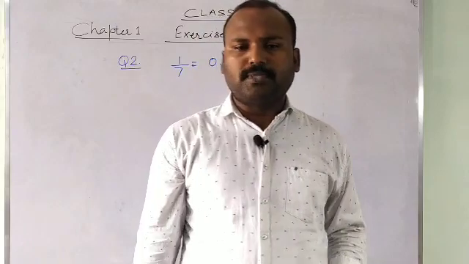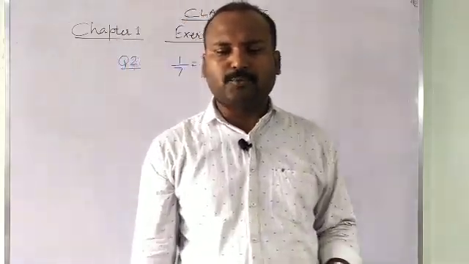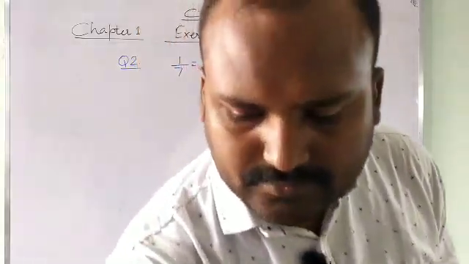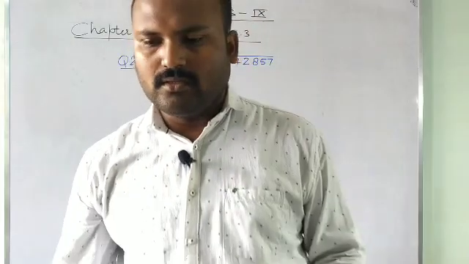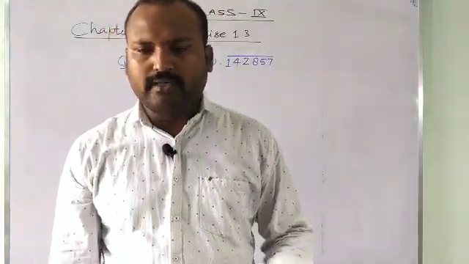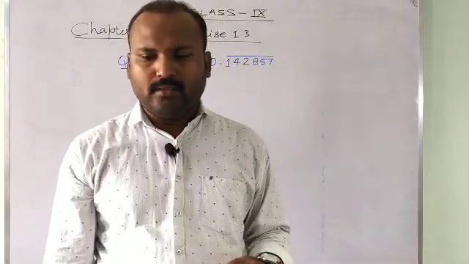The next statement of this question is: can you predict what the decimal expansions of 2 by 7, 3 by 7, 4 by 7, 5 by 7 and 6 by 7 are, without actually doing the long division? If so, how?